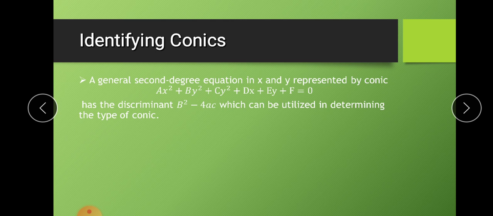Identifying conics. To identify conics, a general second-degree equation in x and y, represented by ax squared plus bxy plus cy squared plus dx plus ey plus f equals 0, has the discriminant b squared minus 4ac, which can be utilized in determining the type of conic.